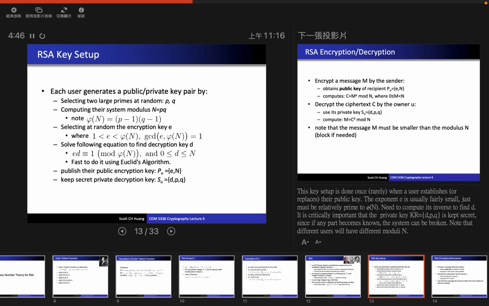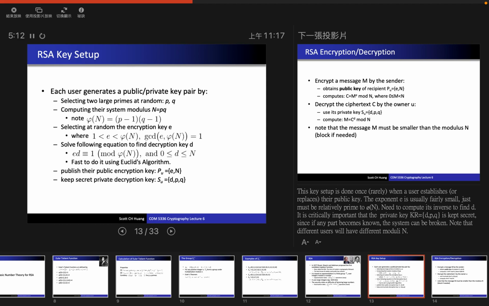This is a really important building block. The extended Euclidean algorithm will be used extensively throughout this course. It's not just used in AES. It's used in RSA, and also in many other algorithms we're going to introduce.